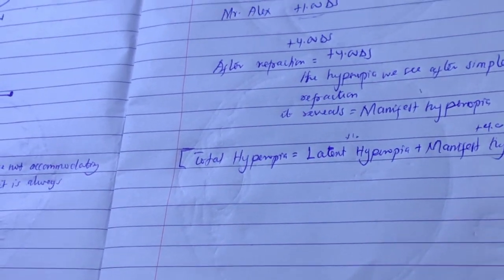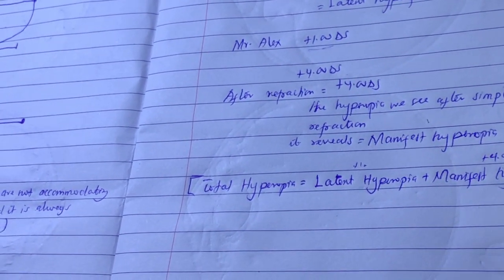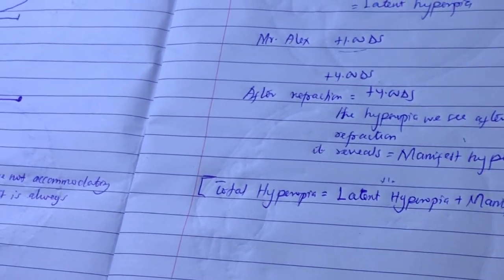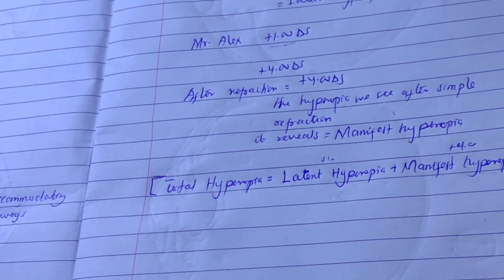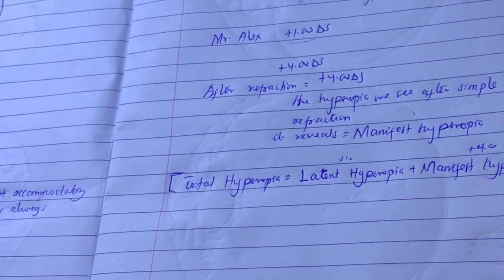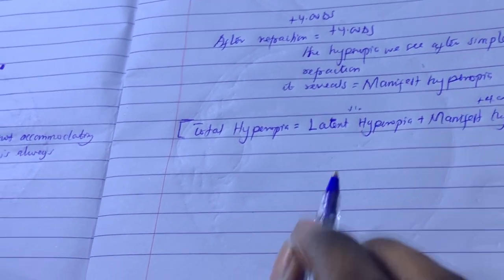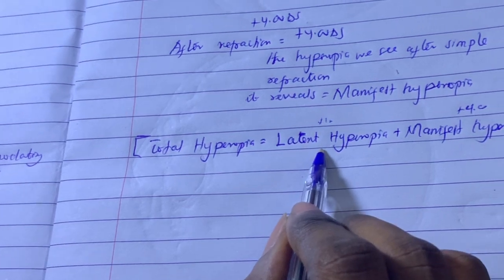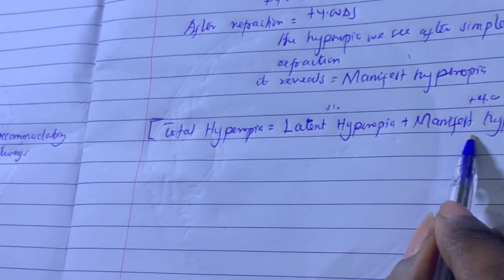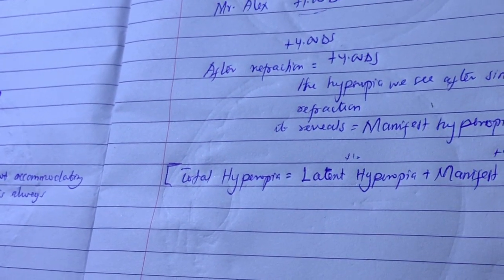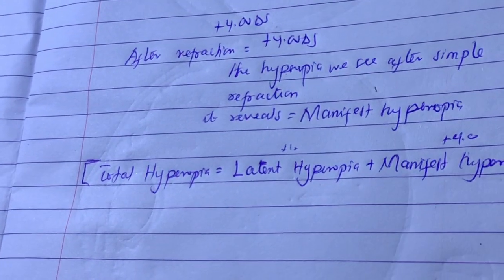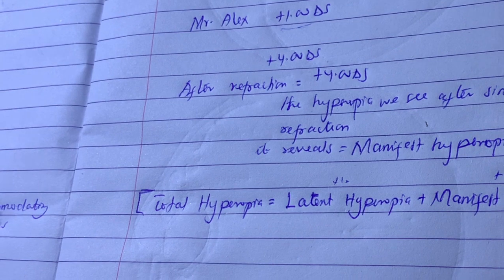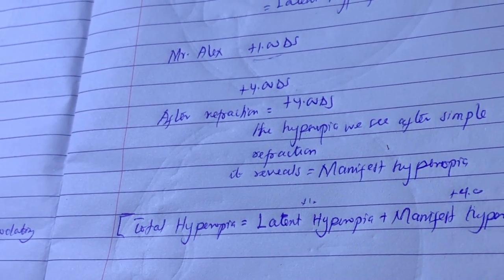What I find on refraction is plus 4, the manifest hyperopia, because the ciliary muscle takes care of the plus 1. Together that is Mr. Alex's total hyperopia. Simple as that.